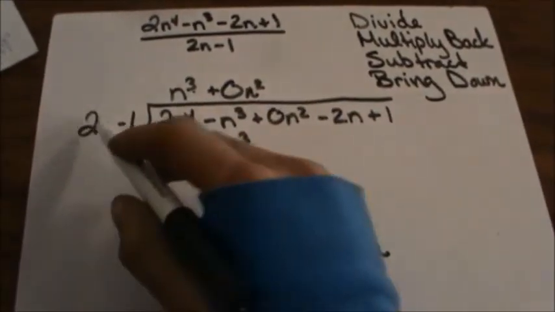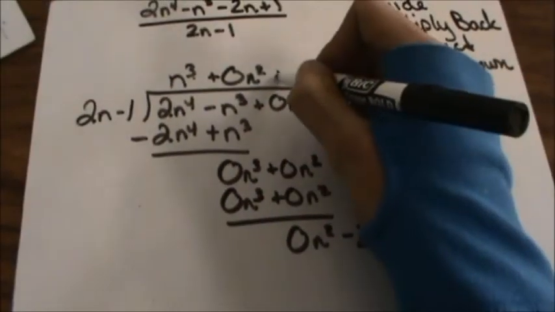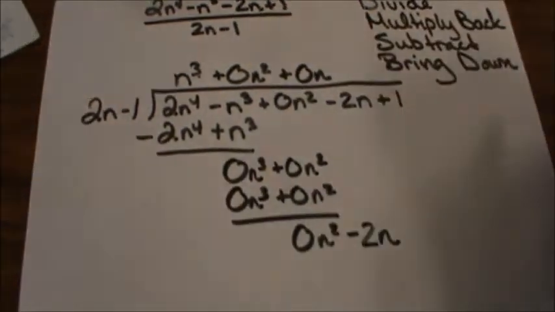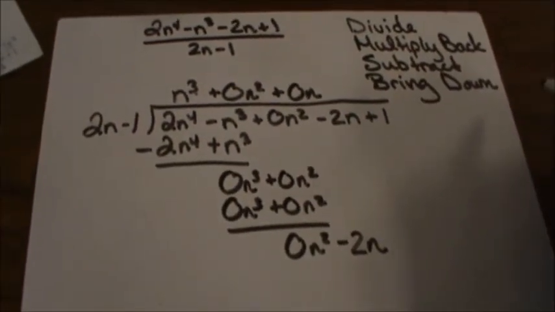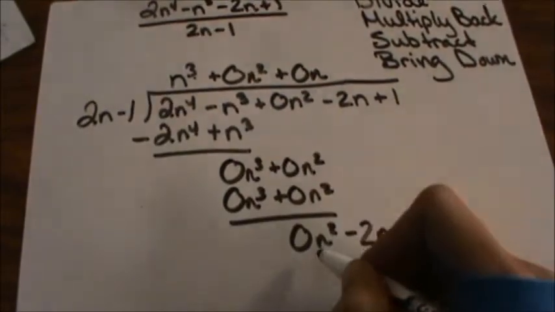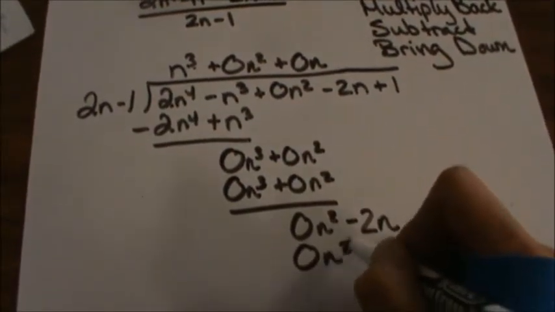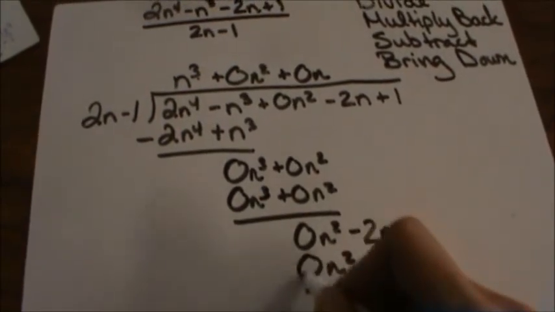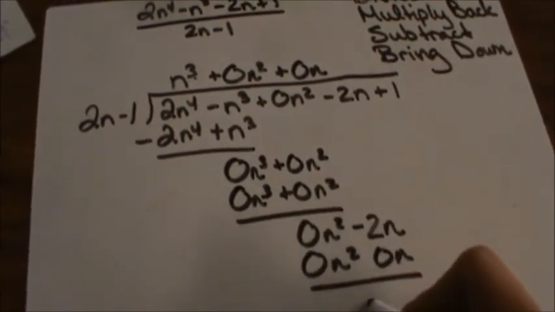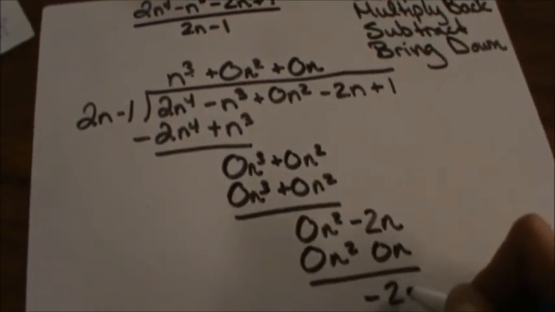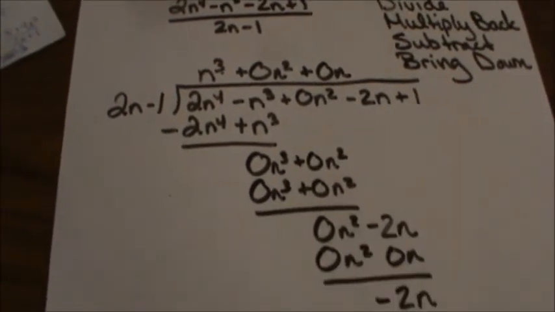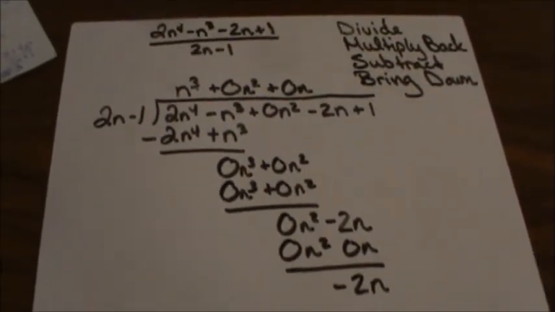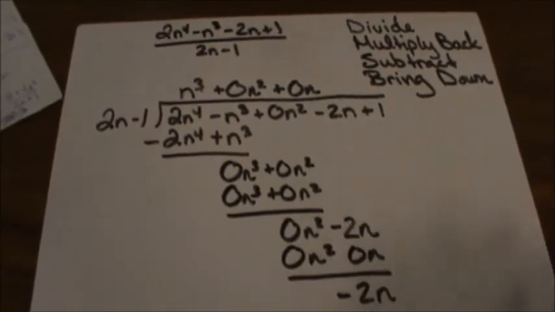Divide. 2n divided by this, oh no, it's another 0. That's right. Keep going. Multiply back, I'm going to get 0 here and 0 here. When I subtract here, I get 0. When I subtract here, I'm going to continue with this negative 2n. Alright, I think I'm done with all of my crazy zeros.